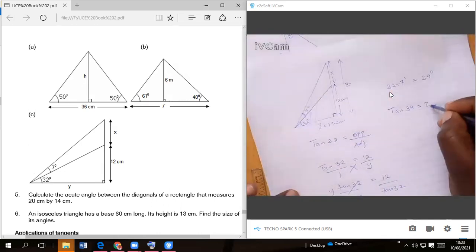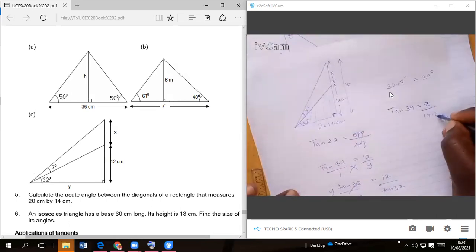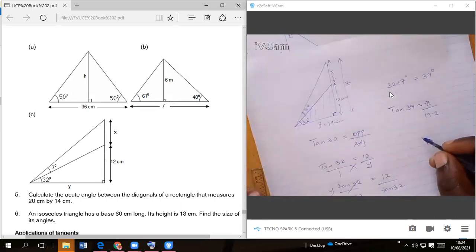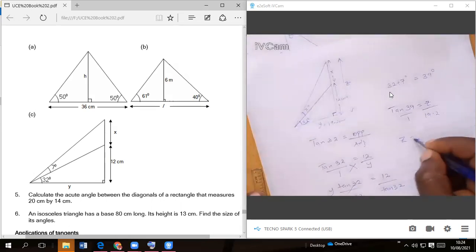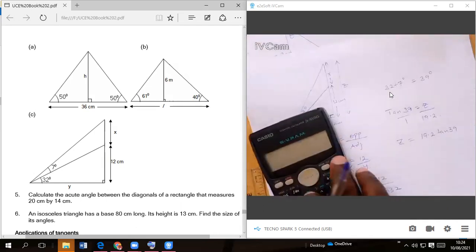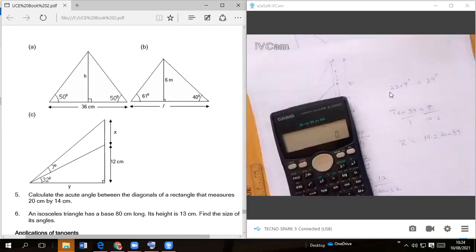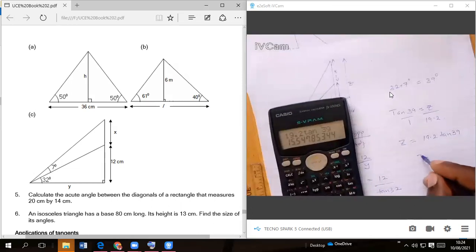So z over the adjacent, which is y, which is 19.2. If we cross multiply here, we shall have z equals 19.2 times tan 39.